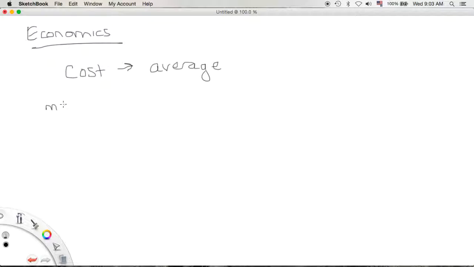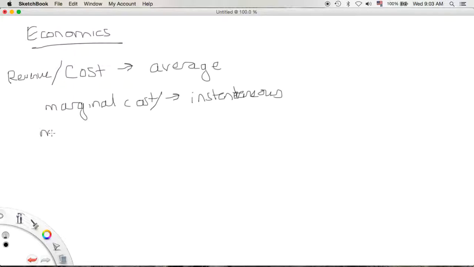And when you're talking about marginal cost, that's an instantaneous. How much does it cost to make that one more? And the same thing with revenue, actually. Revenue, you would have an average. If you have marginal revenue, that's an instantaneous.